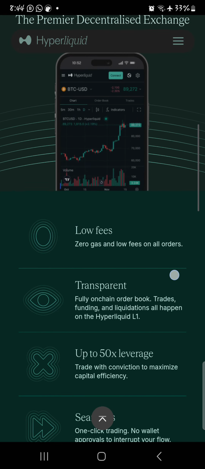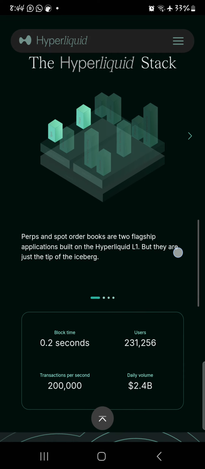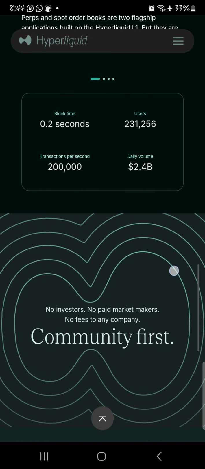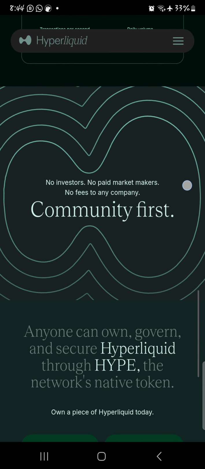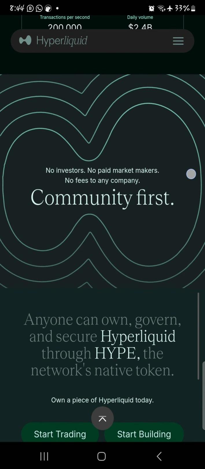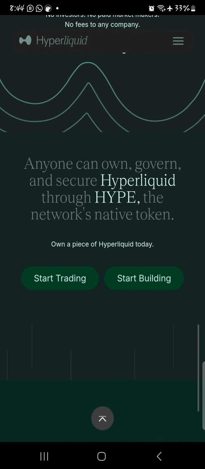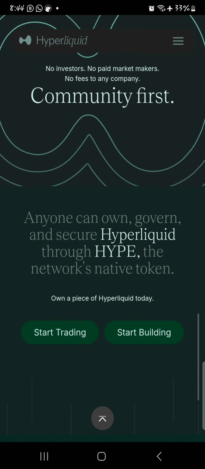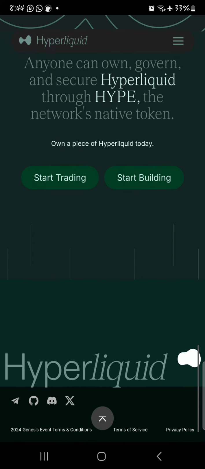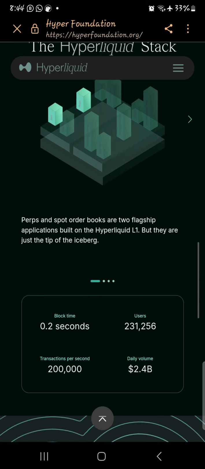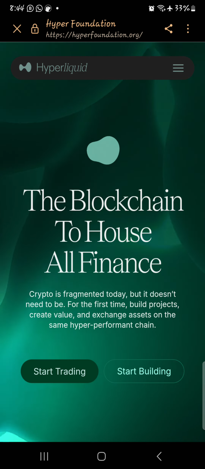So I would expect that something cool with daily volume. Wow, that's impressive. No investors, no paid market makers, no fees to any company. And it could be true considering how well they paid the community, right?